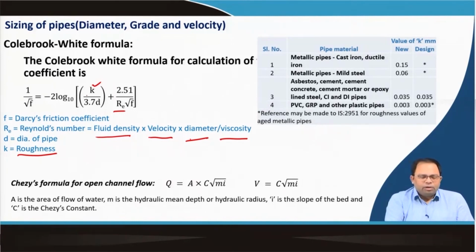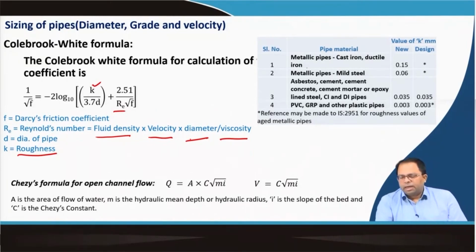Now, this K value of roughness again could be looked at from charts, and I have provided the chart over here for your reference, where you can see that for metallic pipes, cast iron, ductile iron, this kind of pipes, the value for new pipes is around 0.15, and for PVC and GRP and other plastic pipes, GRP is glass reinforced plastic, this is 0.003.